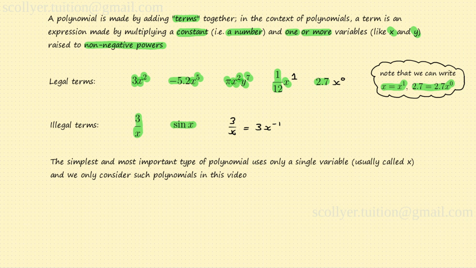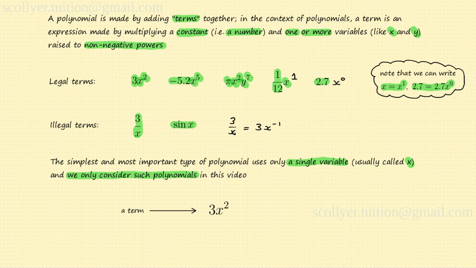In general, terms in a polynomial may have more than one variable. So, for example, we've seen a term containing x squared y to the 7. However, the most important type of polynomial is based on a single variable, which we usually call x, and we will only consider such polynomials in this video.